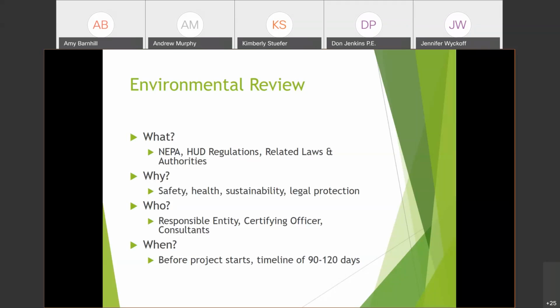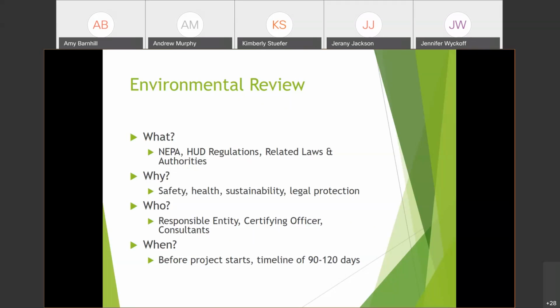So the responsible entity is the unit of local government, and it is on them to perform the NEPA responsibility that would otherwise apply to HUD. So our program uses the Part 58 regulation. And as part of the CDBG grant agreement, the chief elected official of a jurisdiction assumes this responsibility and must sign the request for release of funds and certification.